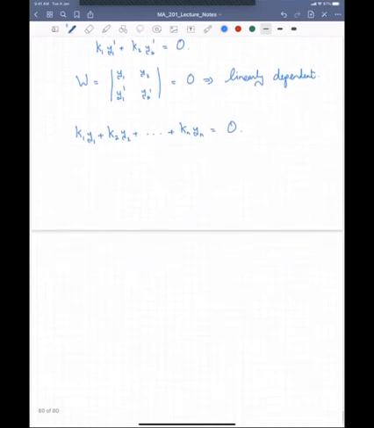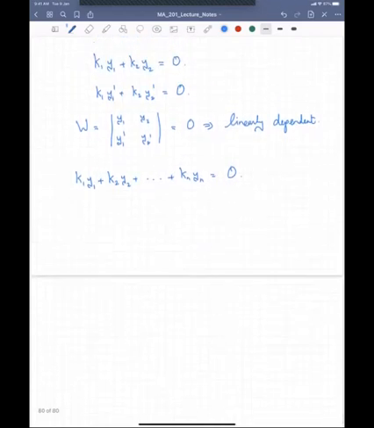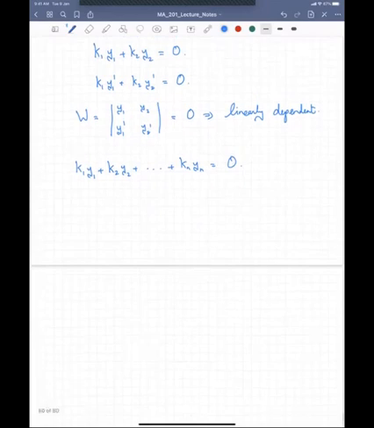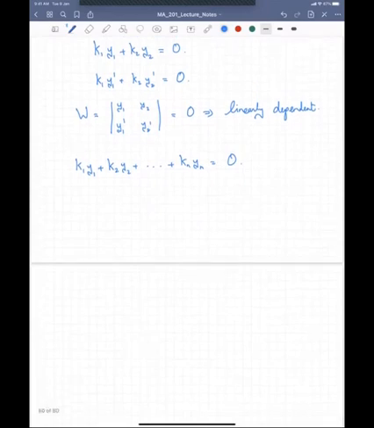Okay. So again, instead of formulating it this way, which is perfectly okay, but practically not very useful in cases where you have, like, fifth derivative equations and things like that, it's much better to use the notion of Wronskian.